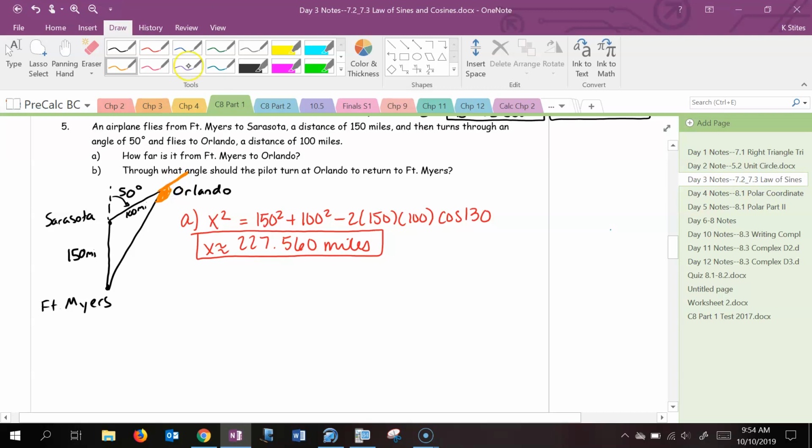I know that isn't the best picture ever, but what you should notice is that my orange angle is supplementary to the inside triangle angle right there. Okay, so since we now have a matching pair of sides and angles, we can use law of sines if you would like.